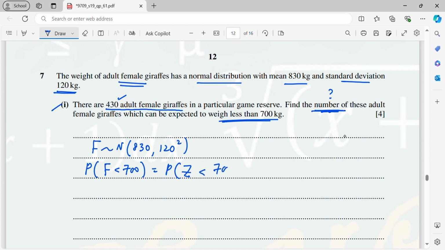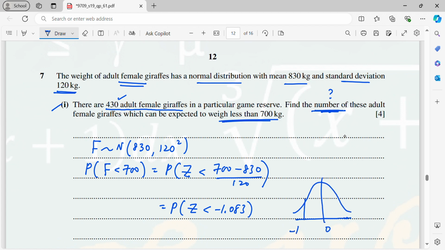It will be less than 700 minus 830 over the standard deviation, which is 120. That means now here you will be getting Z less than negative 1.083. Okay, and it is a negative value. So I will sketch a graph and mark negative 1.083, and it is less than. Less than means the region will be towards the left side.